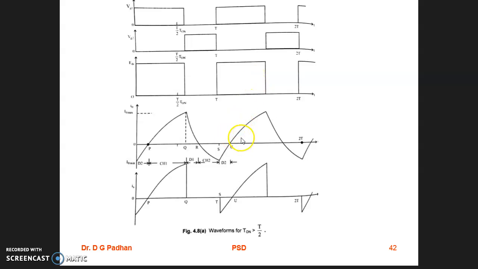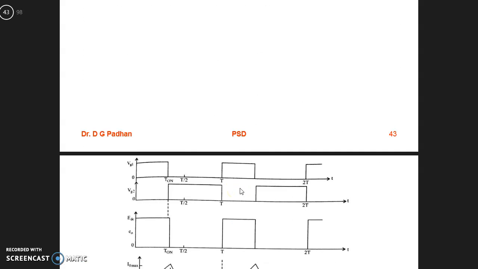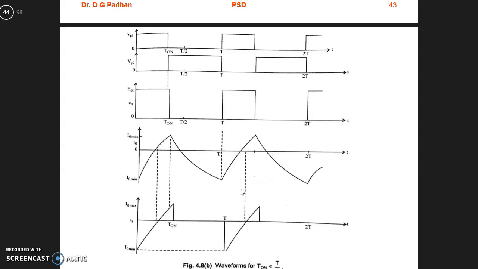By making the duration of the pulse given to chopper 1 less than that given to chopper 2, as you can see in this waveform, the average current through the armature is negative.